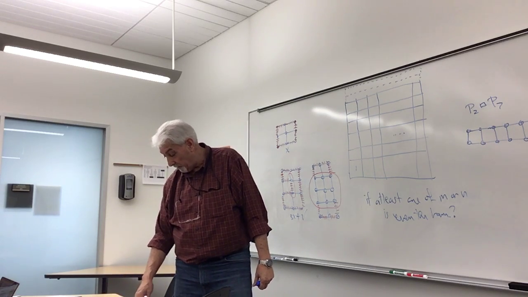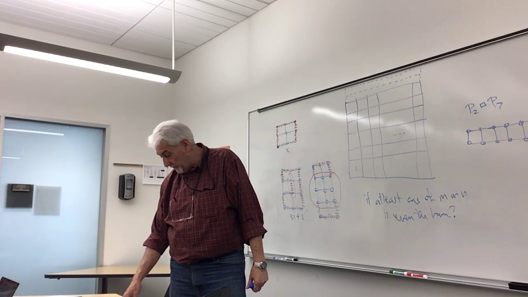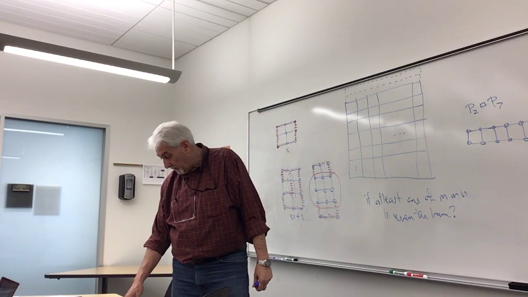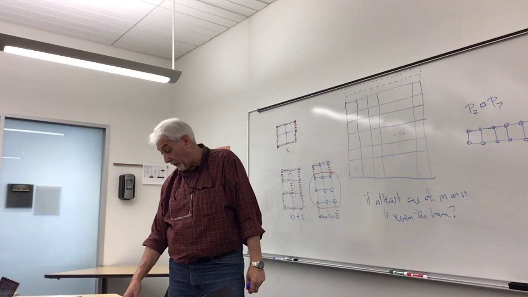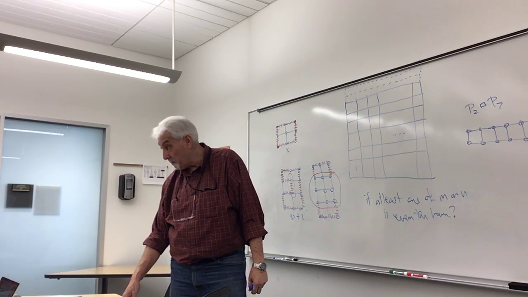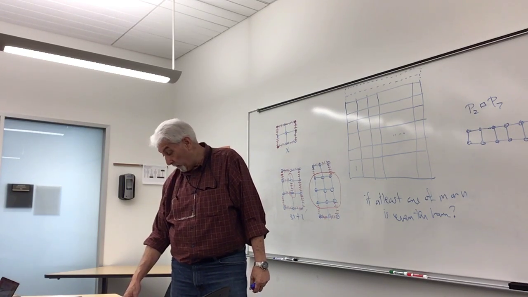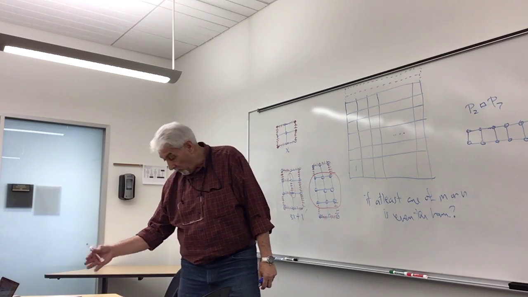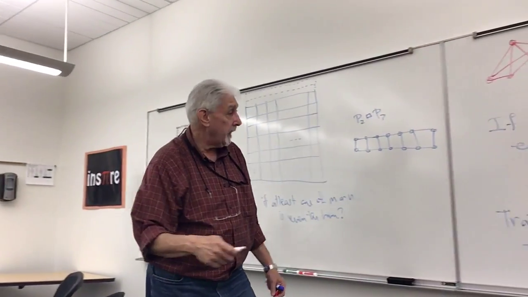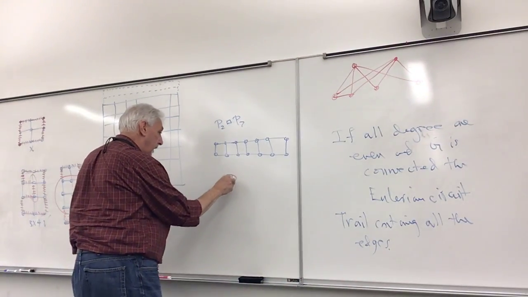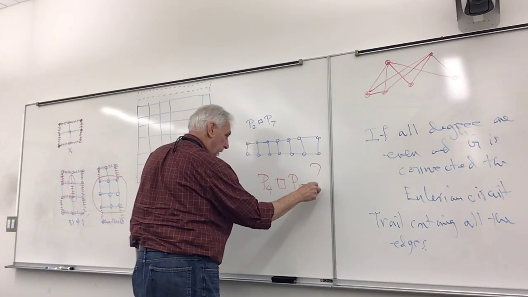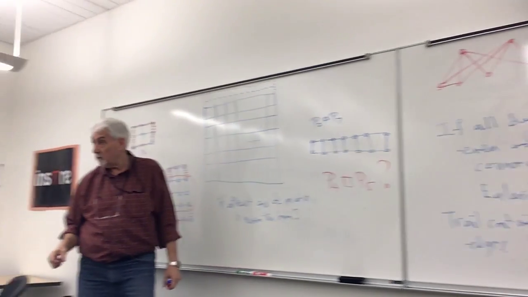So on page 211, you have some products. I would like you to look at 5.2.3 G. It's almost a 4 by 5. So first, what I'd like you to think about is P4 cross P5, the product of P4 with P5, and I'll just put a question mark: is that Hamiltonian?